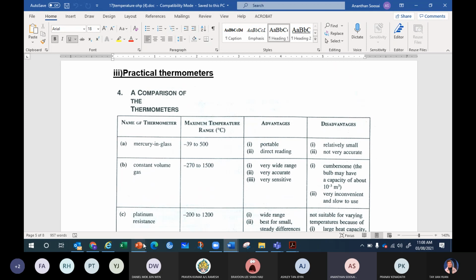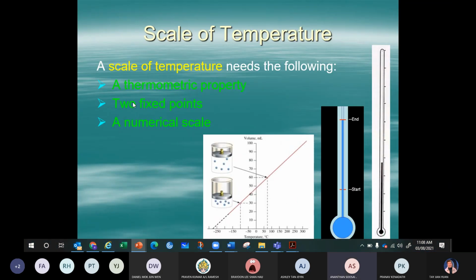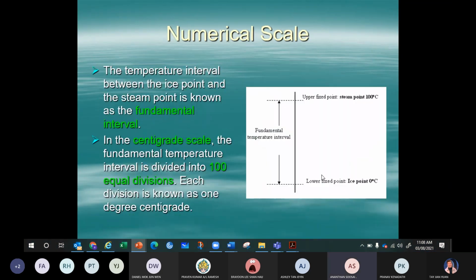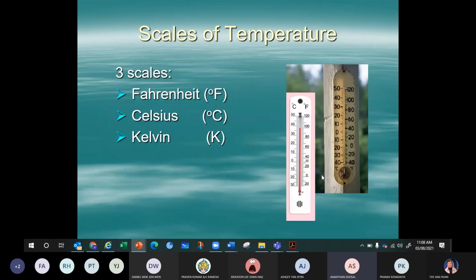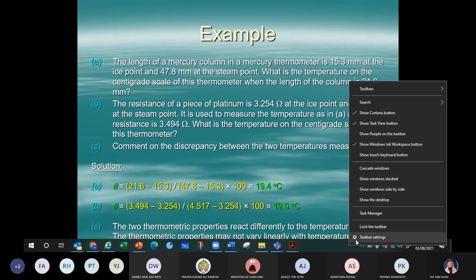For that we go to the PowerPoint again. After we fix these three, the numerical scale is done.